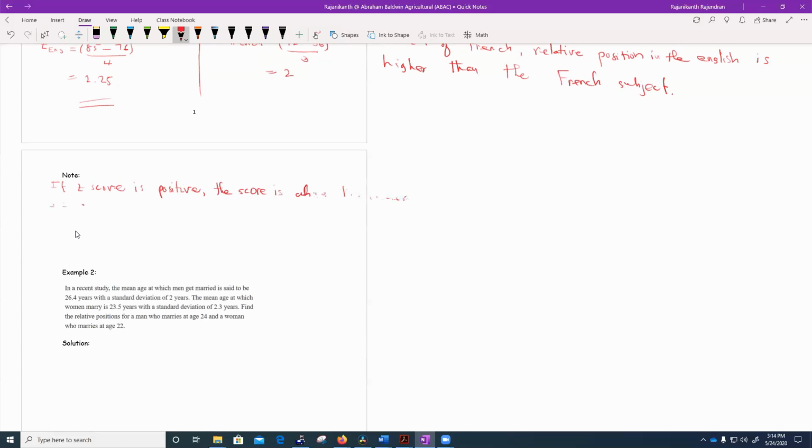If the z-score is negative, that means the actual score is below the mean.